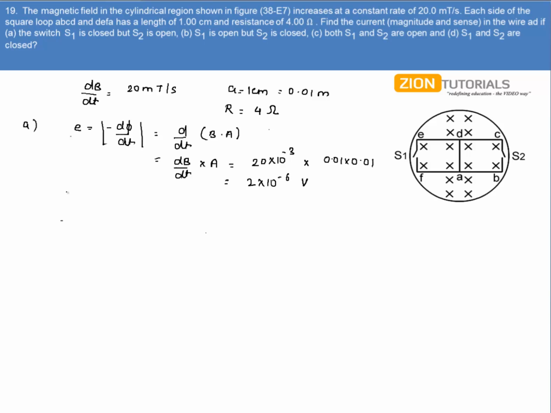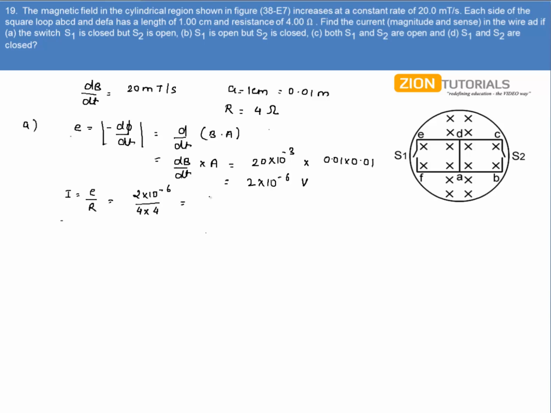Now the current in the loop can be easily calculated by Ohm's law, which is I equals E by R. We have EMF as 2 × 10^-6, and the resistance of the loop will be 4 times the resistance of each side of the loop, that is again 4.